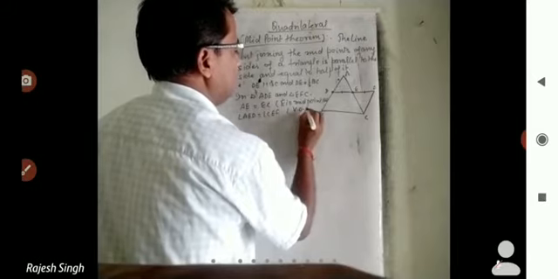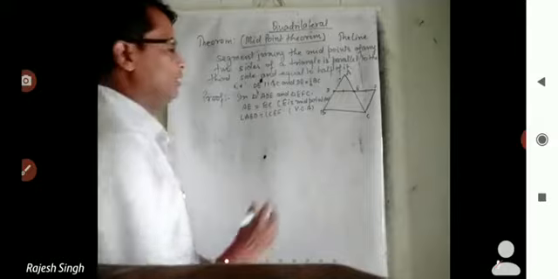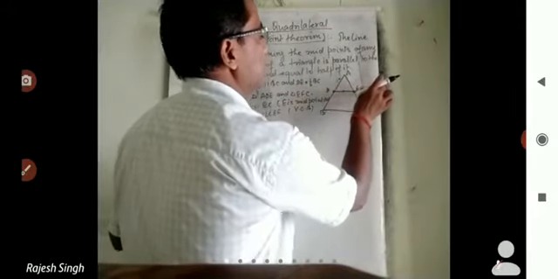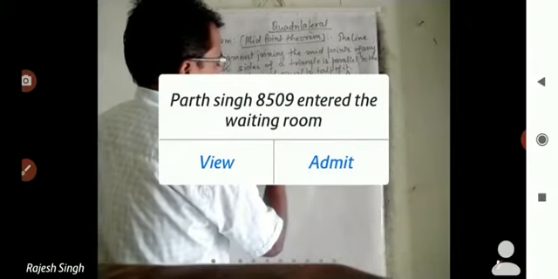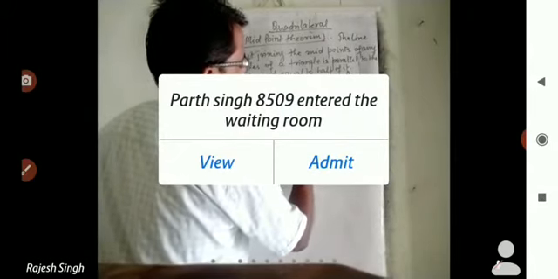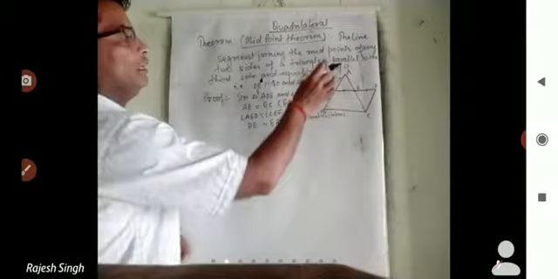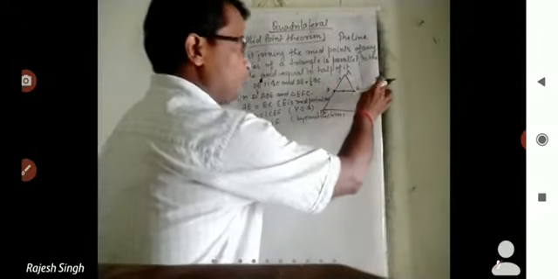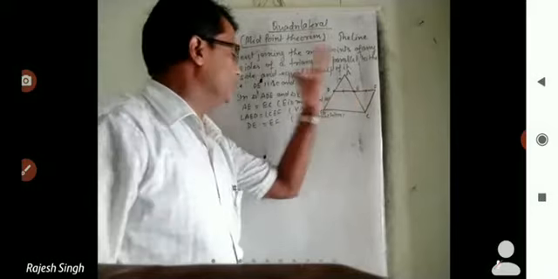Vertically opposite angles. And DE is equal to EF. How? By construction. I constructed DE and extended it to F in which DE is equal to EF.